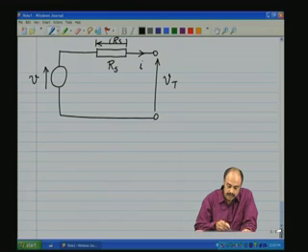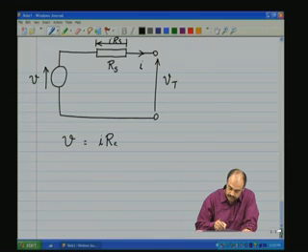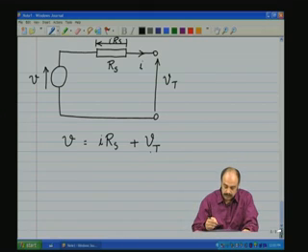That is, current into Rs is the voltage drop across this. So if you look at this entire loop, you see that V is equal to I into Rs plus the terminal voltage Vt as determined by the external circuit.